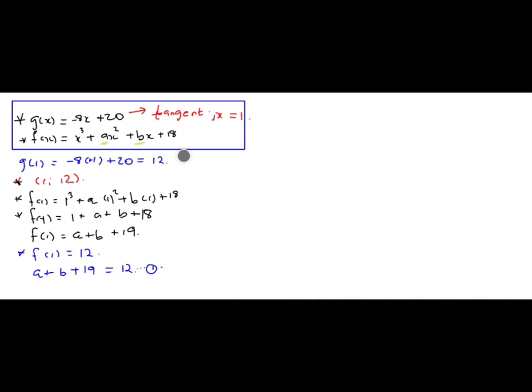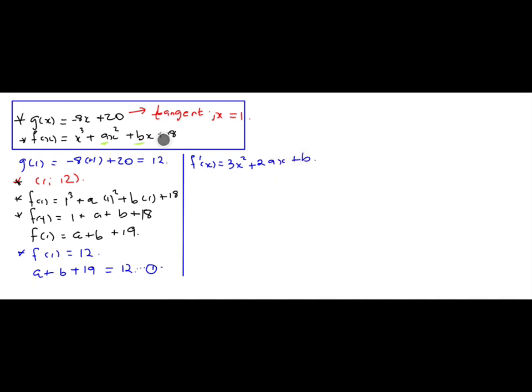Now what I do next is I use the gradient to my advantage. So I already know the gradient of this function. So I'm going to derive this given function to get the gradient. Following the formula k n x power n minus 1, this whole thing becomes 3x squared plus 2ax plus b.